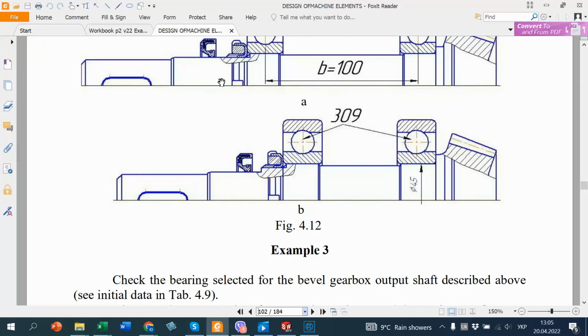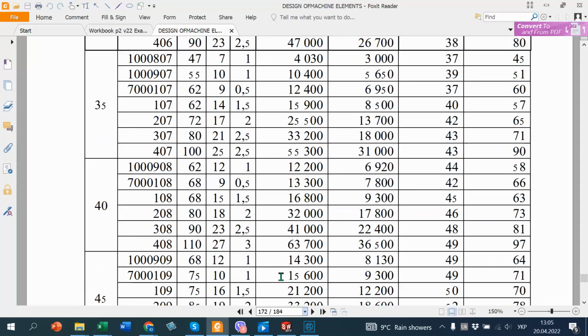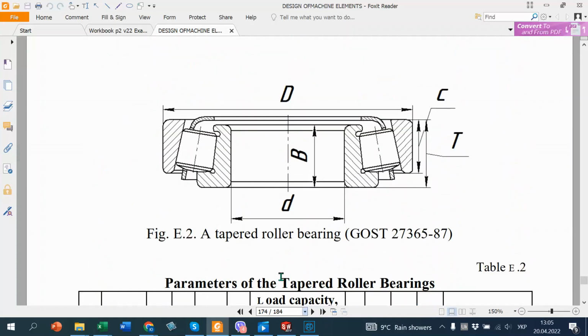Another variant is that we can change the type of bearing. Instead of a ball bearing, use a roller bearing, the so-called tapered roller bearing.